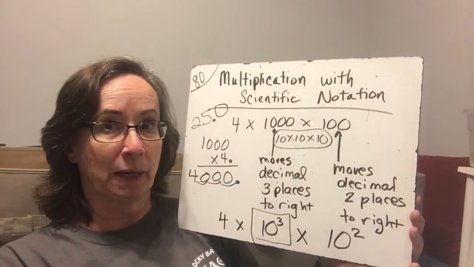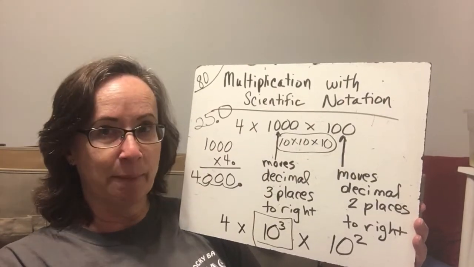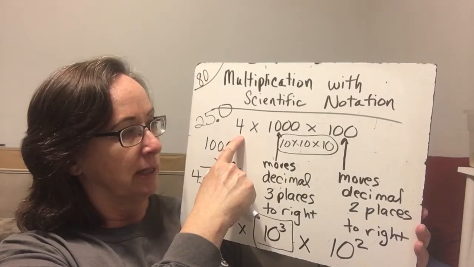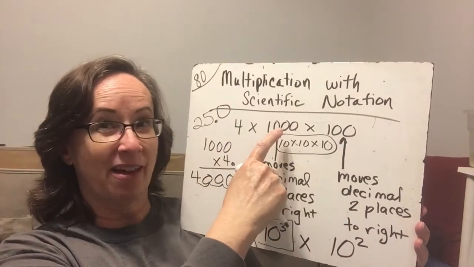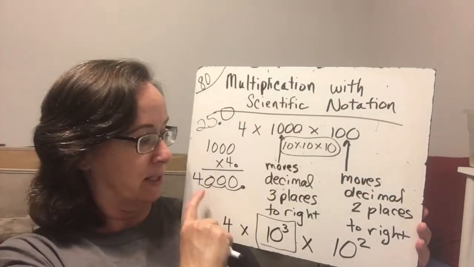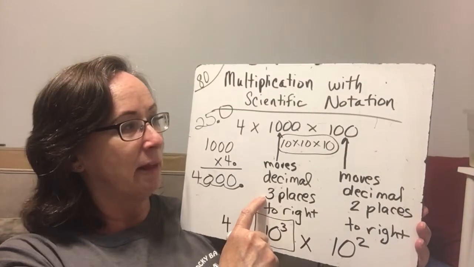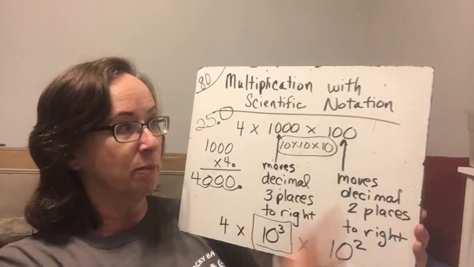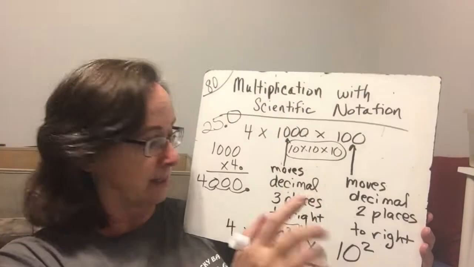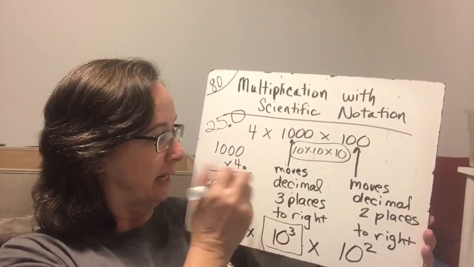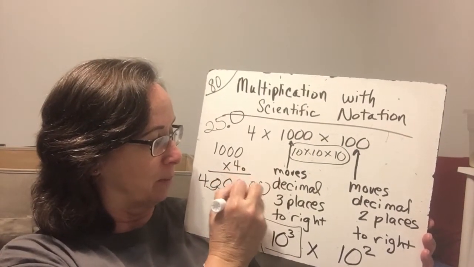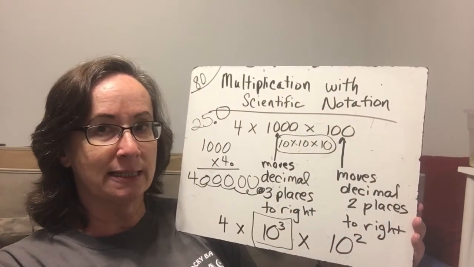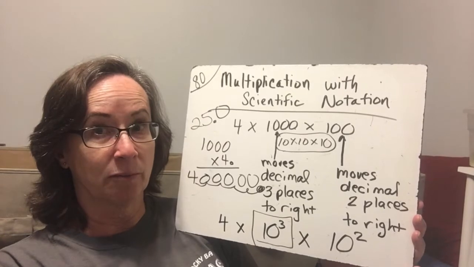But now let's think of the big picture. What has happened all together? So if we know we started with a 4, and then multiplying by the 1,000 gave us 4,000. And then multiplying by another 100 is going to move the decimal 2 more places to the right. Then how many places did we altogether move the decimal?